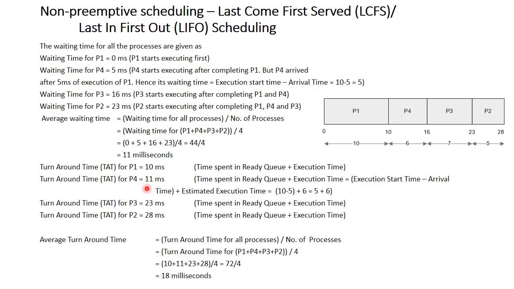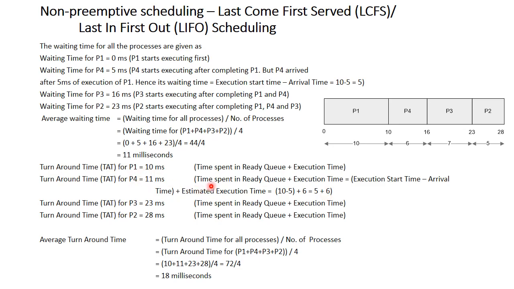That is the time spent in the ready queue plus the execution time. So the time spent in the ready queue will be execution start time minus arrival time. That will be 10 minus 5 plus the execution time of P4, that will be 6. So it will be 5 plus 6 for P4.